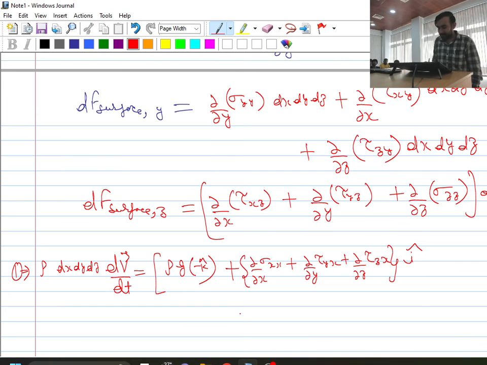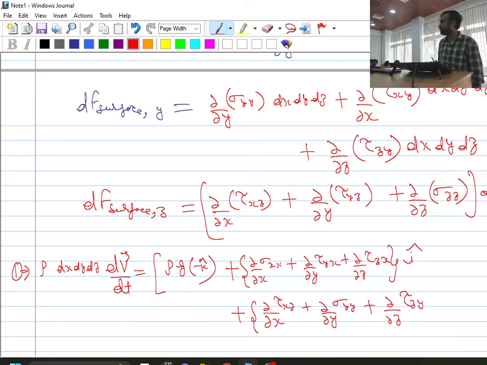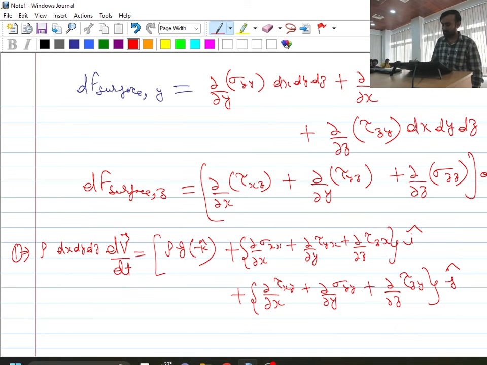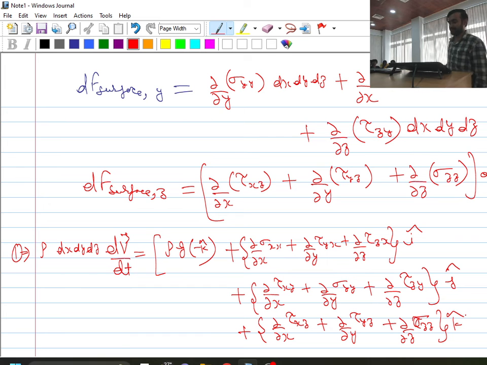Plus del by del x of tau xy, del by del y of sigma yy, plus del by del z of tau zy, times j cap, plus del by del x of tau xz, plus del by del y of tau yz, plus del by del z of sigma zz, times k cap, into dx dy dz.